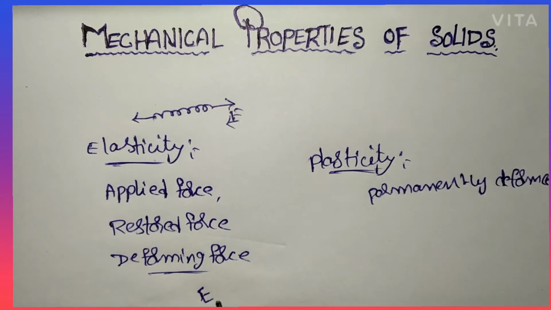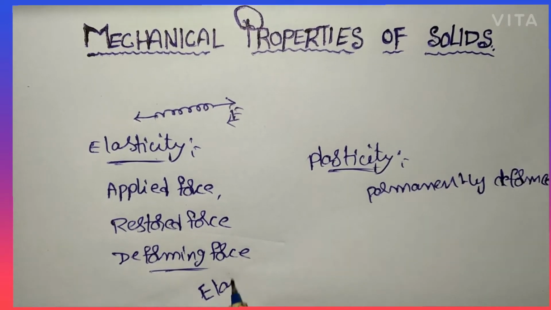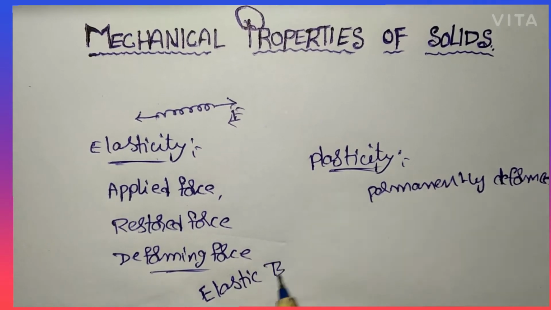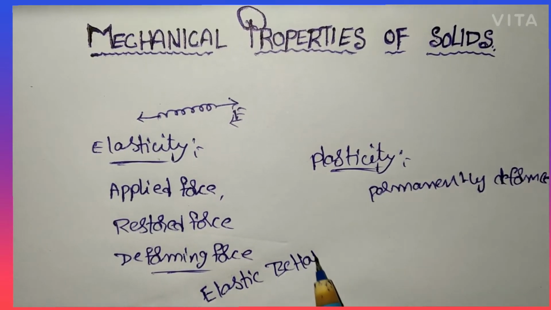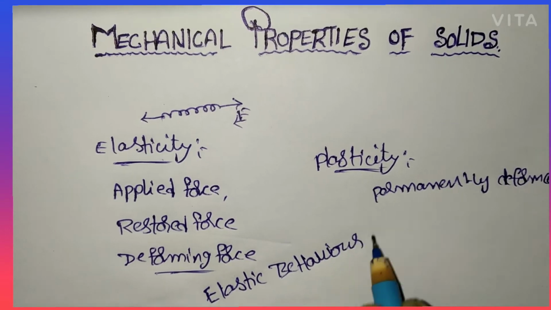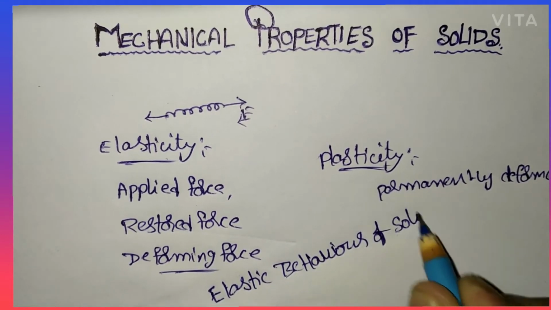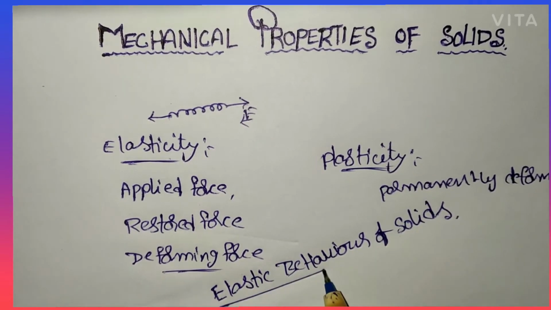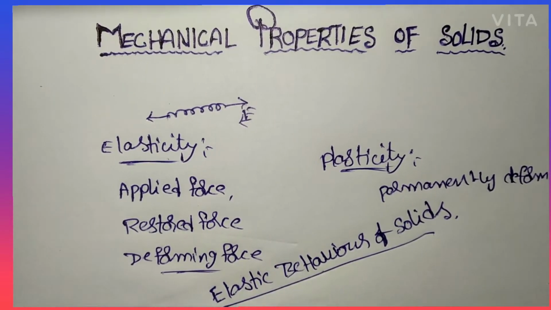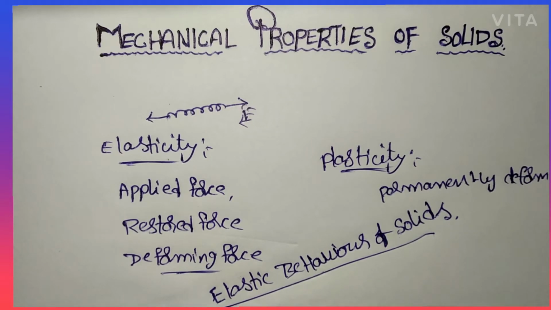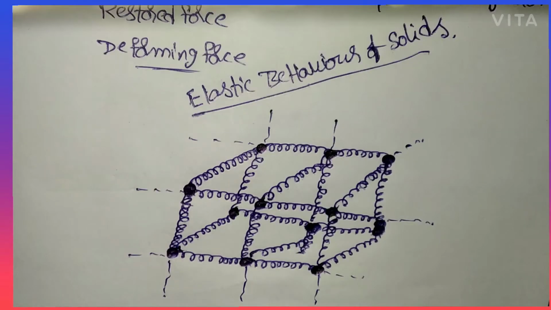Now, elastic behavior of solids. The restoring mechanism can be visualized by taking a model of a spring-ball system. Shown in the figure is the spring-ball model for the illustration of elastic behavior of solids.